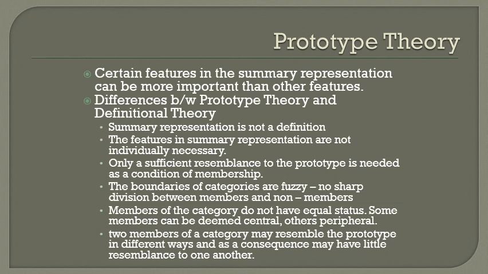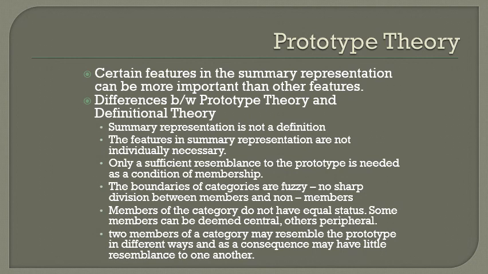Even if there is a bird that does not satisfy 5 or 6 of the features in that summary representation, we can still include it in the category of bird. But in the definitional theory, it is either in or out. If it satisfies the definition, it is inside the concept. If it doesn't, it is outside. That sort of cut and dry distinction is not present in prototype theory. Okay.